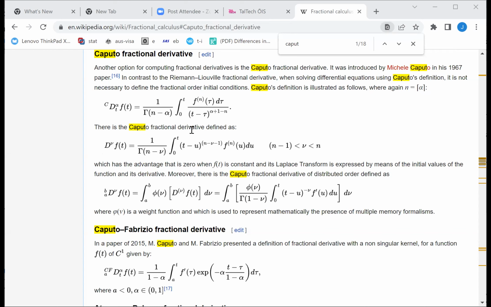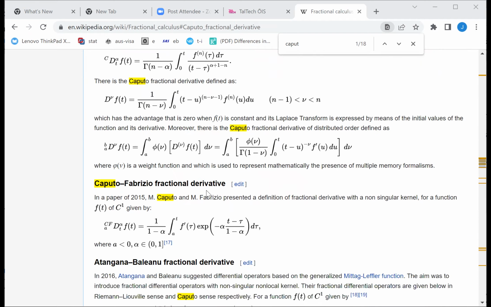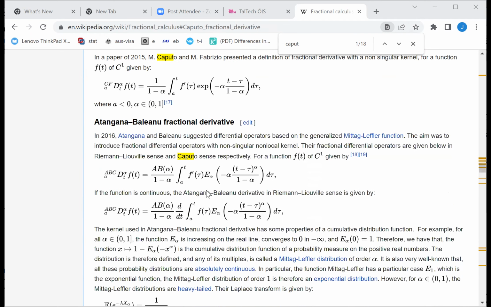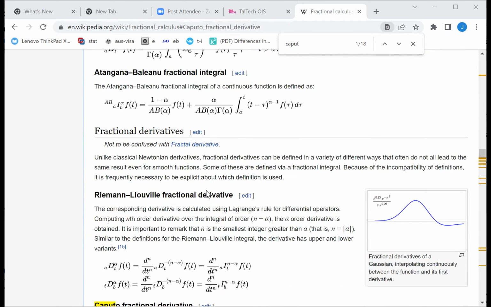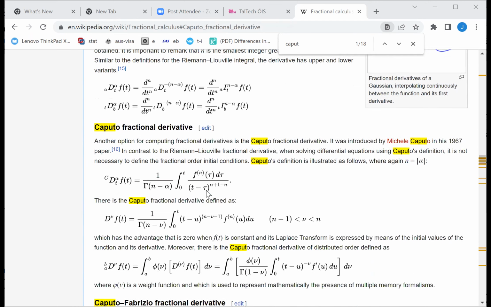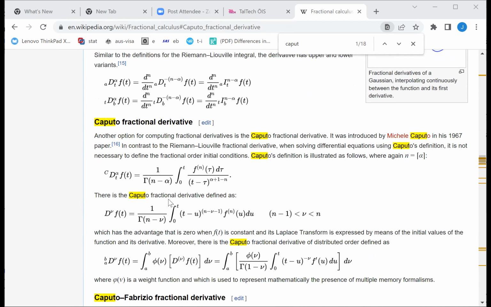Okay, there are different versions of it, but the most often used one is Caputo.